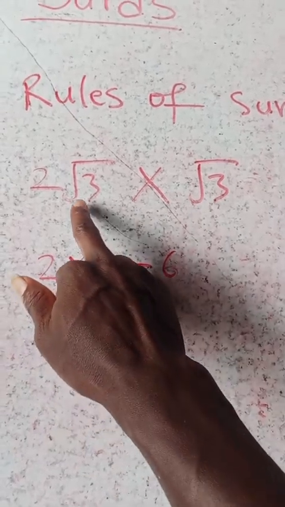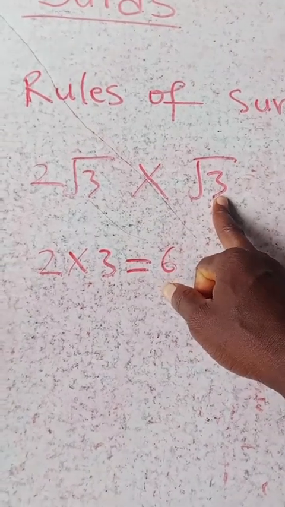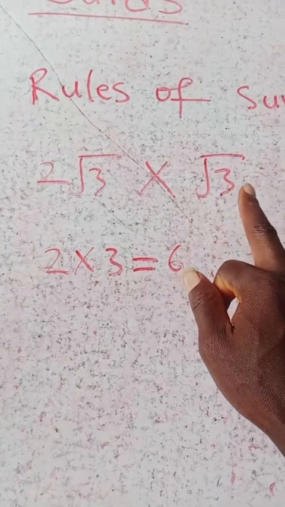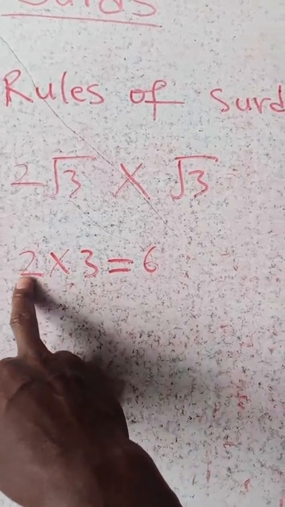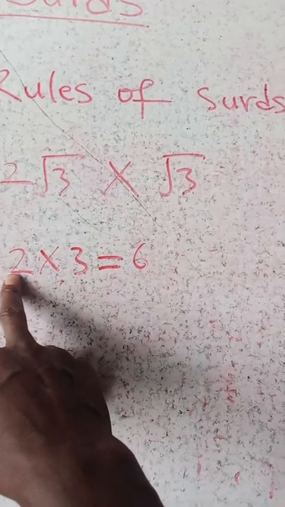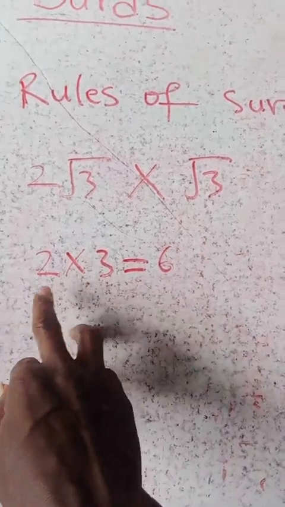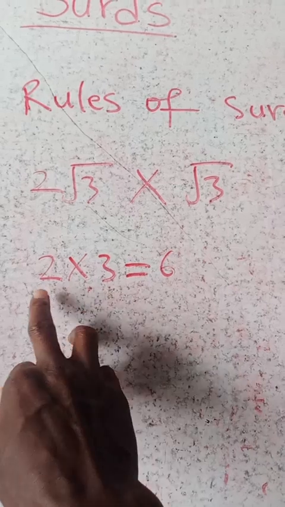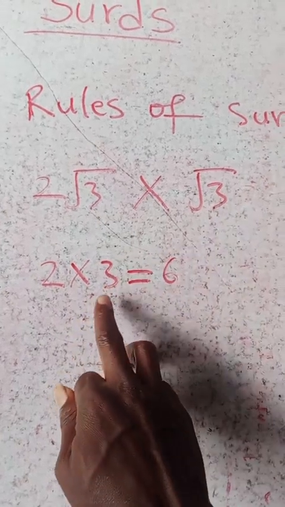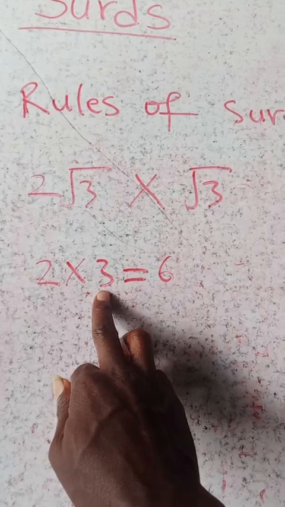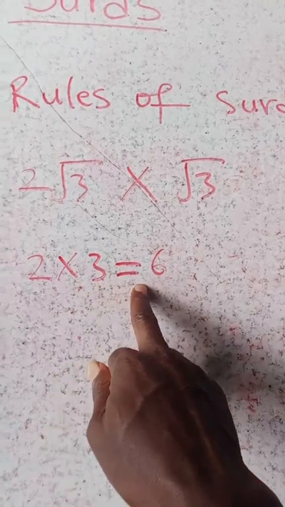We are multiplying the roots, root 3 times root 3, which from what we did earlier is 3, just the number. Since there is another number here, we cannot just write 2 3, so that it will not look like 23. We have to multiply the two values, this 2 and the 3 we got from the multiplication of root 3 and root 3. So the answer will be 2 times 3, which is 6.